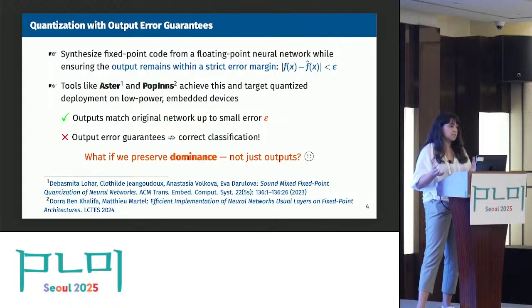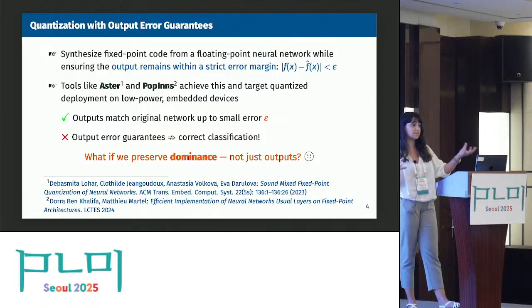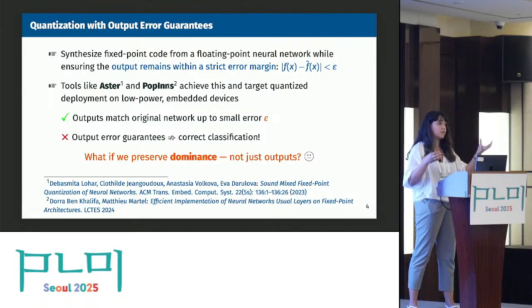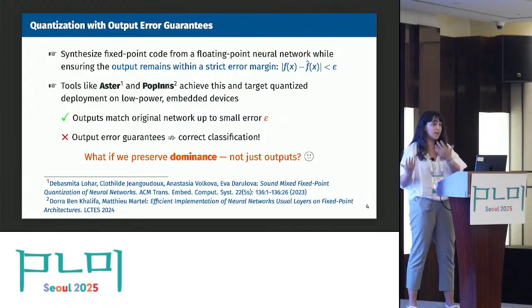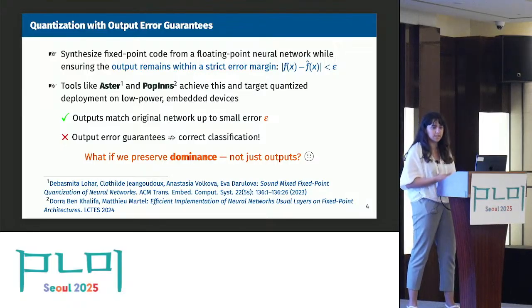Dominance, in the case of neural classifiers, means keeping the order of outputs unchanged for the quantized neural networks. For instance, we have two classes, class A and class B. The output score of class A is higher than the output score of class B. Then after quantization, with our method, this order is unchanged in the quantized network, which means that class A is always dominant over class B.